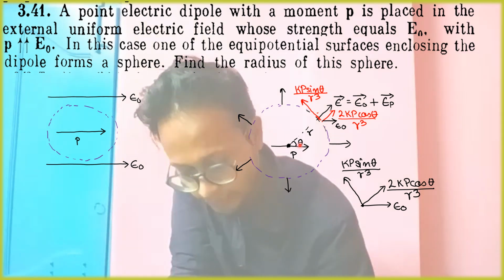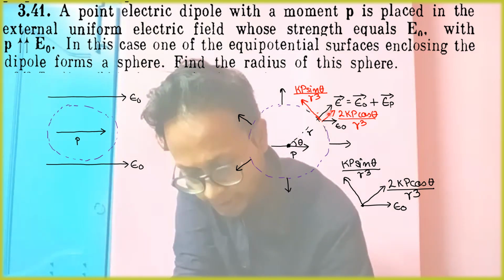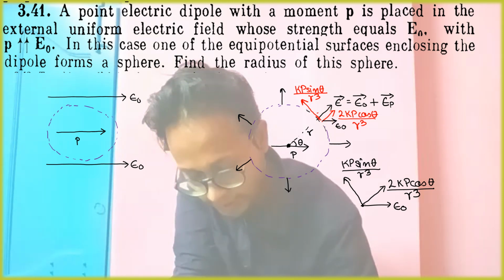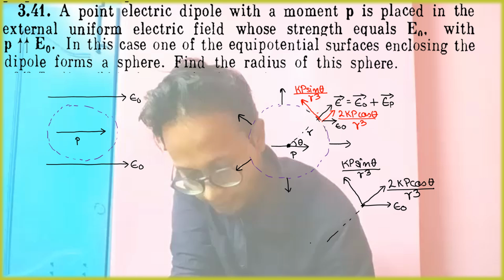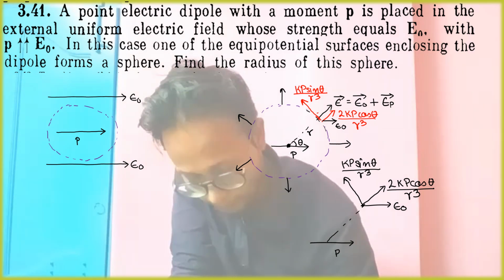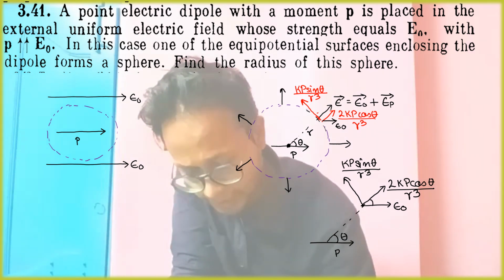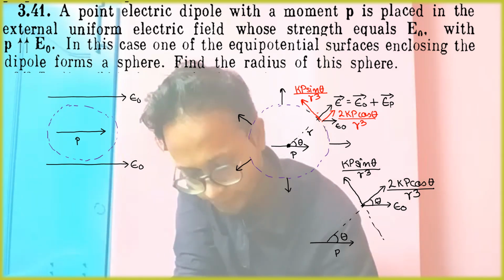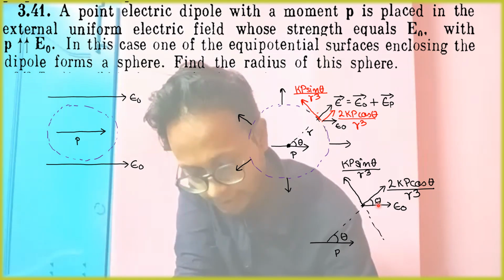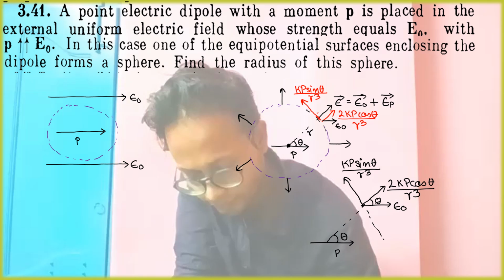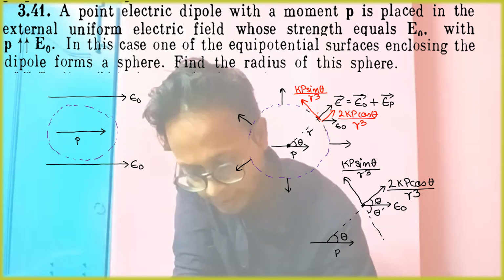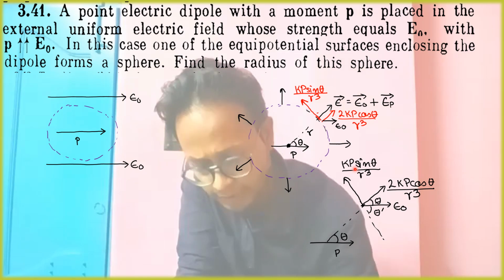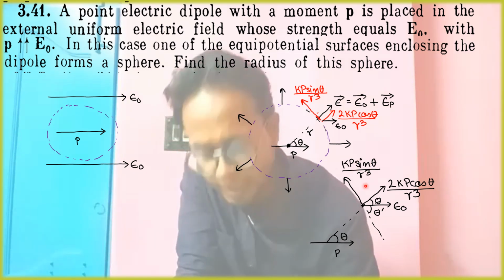So if this is angle theta, how much is this angle? Theta only. If this is angle theta, this angle is also theta, and the tangential component is this one. If this angle is theta, this angle theta dash is 90 minus theta. So can I say E naught cos theta dash is equal to kp sin theta by r cube?